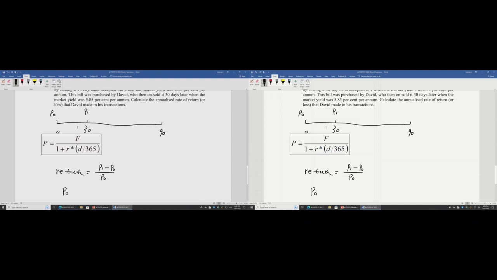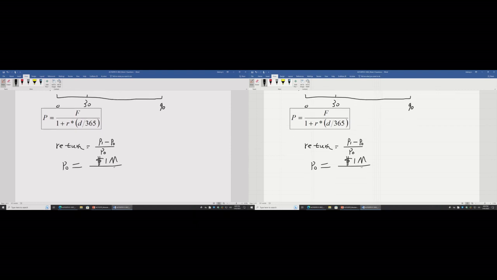So we need to have the face value, we need to have the information of yield, and also the date to maturity. Okay, so that's how we price the bond, the short-term bond. All right, follow this equation. Face value, $1 million, over 1 plus R. R is the interest rate, right?